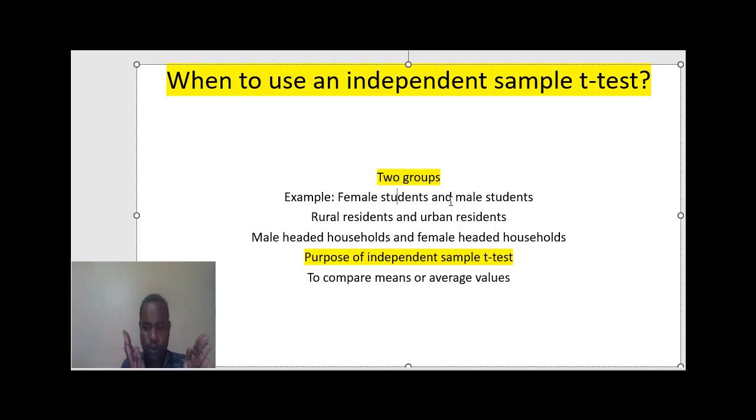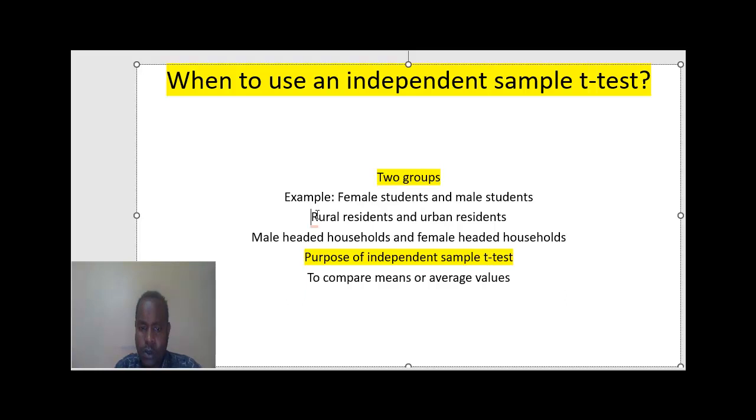Then there would be an average result of female students, and there would be an average result of male students on the other hand, and then a t-test helps us to compare and contrast the means or the average values, the average test results or exam results of female students and male students, to find out whether or not there is a difference in average result, in average value, in means between the two groups.